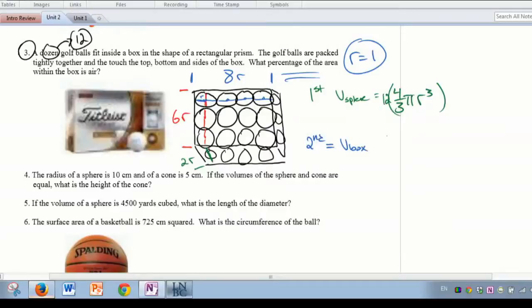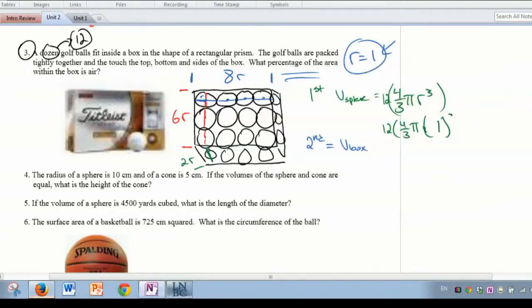Now, just for the sake of this question, I'm just going to say the radius of these balls is 1, because it just makes life easier. I could do the entire calculation with a radius in there. So I'd get 12 times 4/3 pi, and then my radius would be just r. Or I could just put in 1.